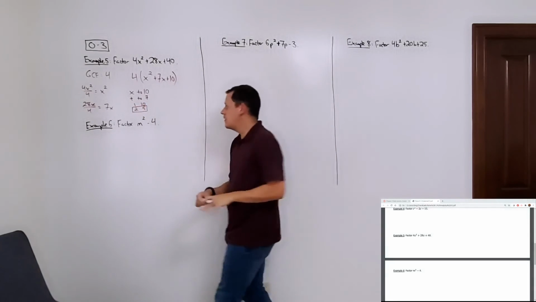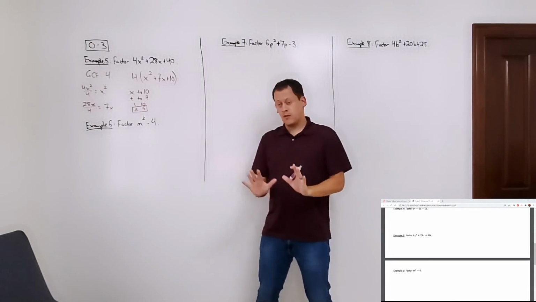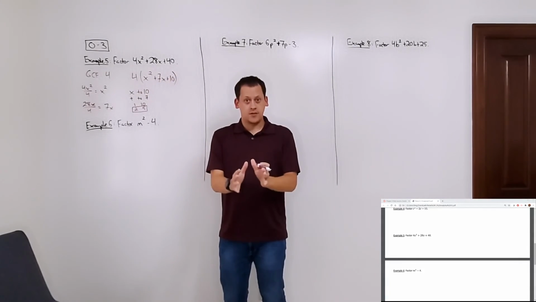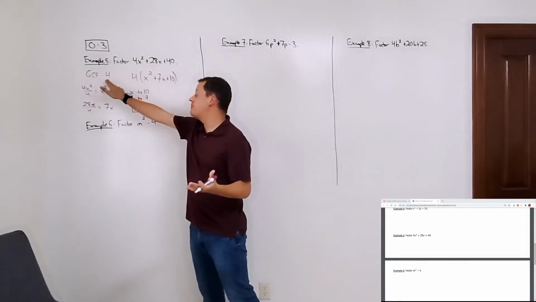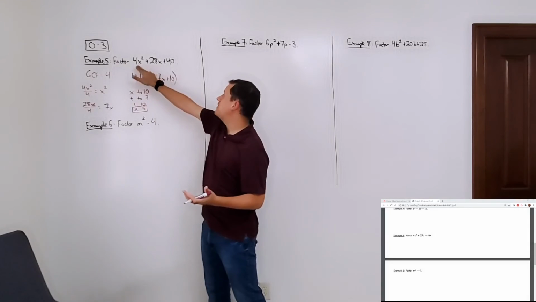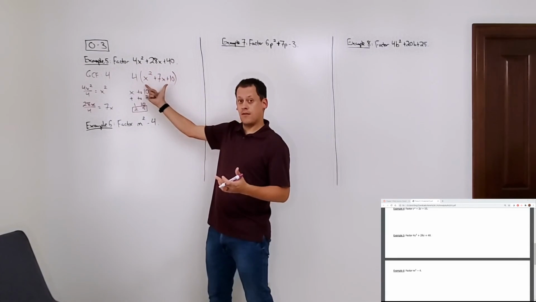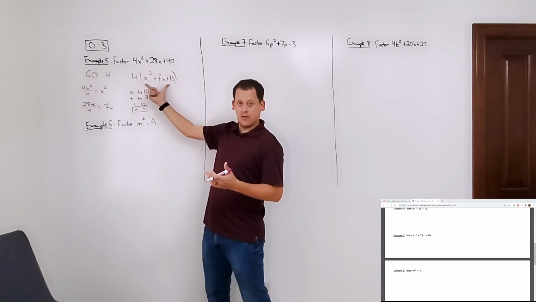Okay. So, let's pause here for just a second. The first thing we did here is the first thing we always do when we factor. We looked for a GCF. And there was one. It was 4. So we pulled it out front. And we divided each term by that GCF to get what was in here. But we determined we could still factor what was in here.